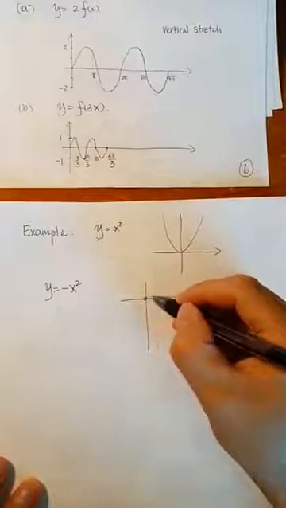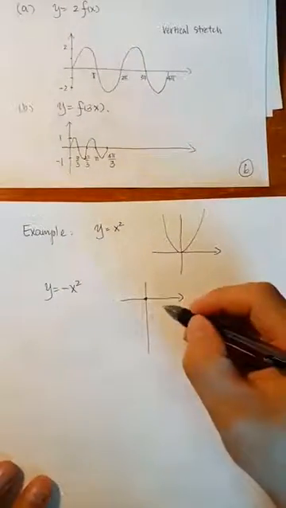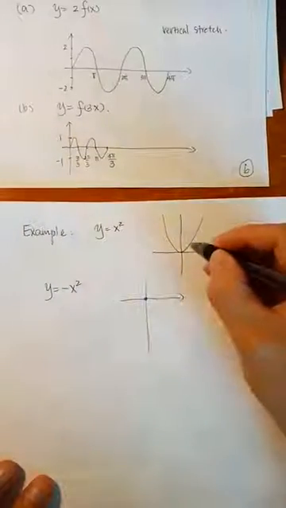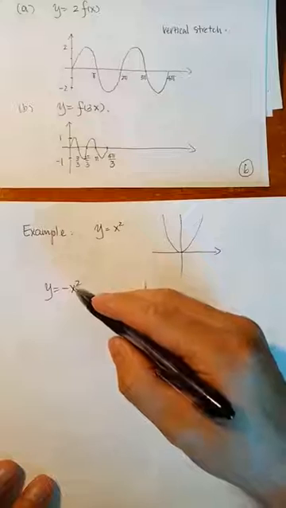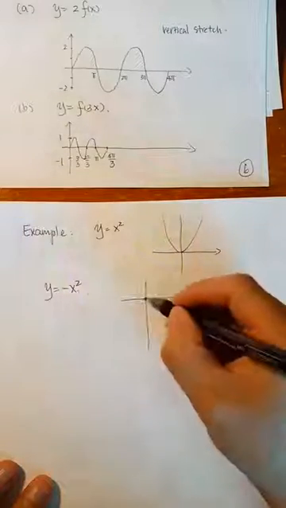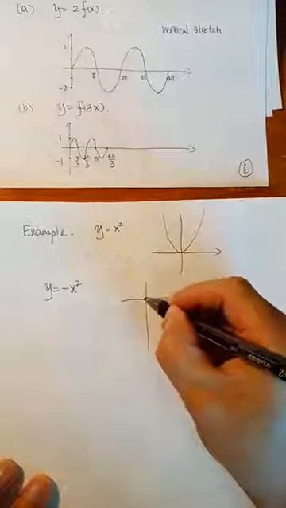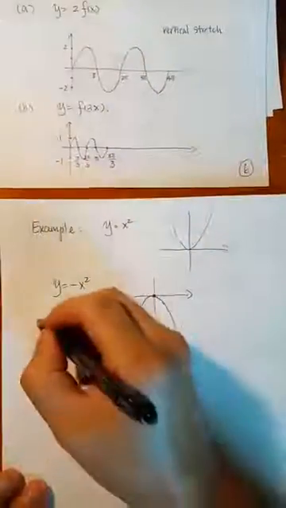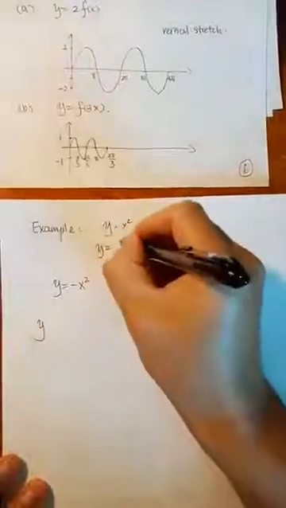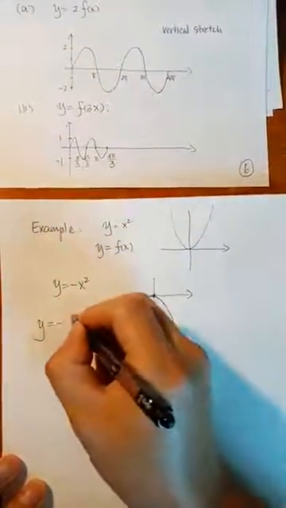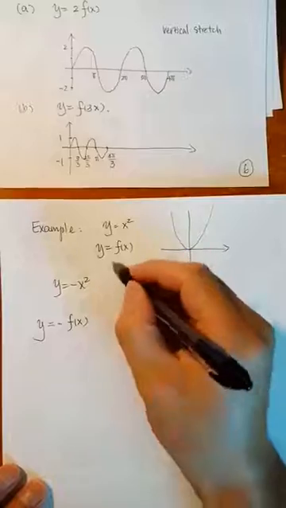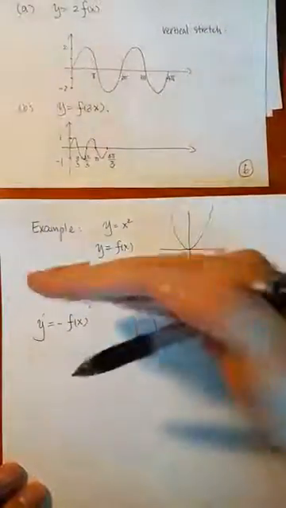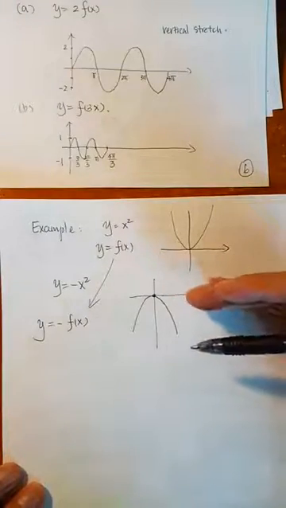When x is 0, negative 0 squared is still 0. When x is 1, negative 1 squared becomes negative 1. Here is a positive 1, here is negative 1. When you have 2, negative 2 squared is negative 4. So if you sketch it, it's like this. So the negative of the function is the so-called reflection about the x-axis, or vertical reflection.